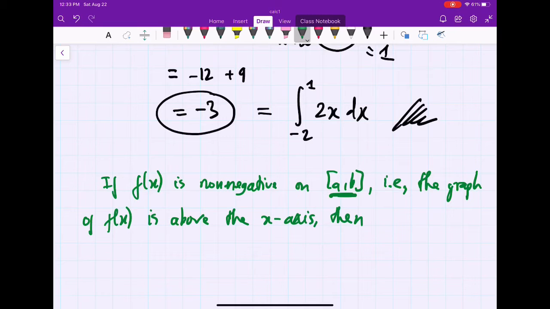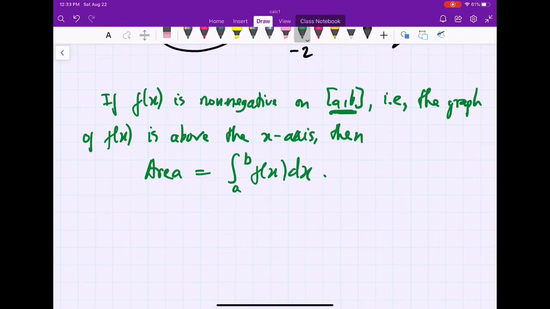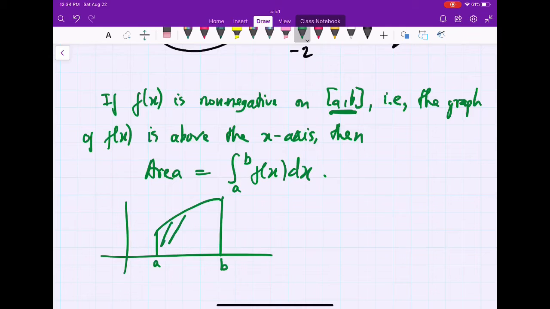Then the area problem can be solved using the definite integral. Look at this. So you have the following picture, right? That is a, that is b, and this is the area problem. We need to find the area of this region. So the area is nothing but the definite integral from a to b. Okay.